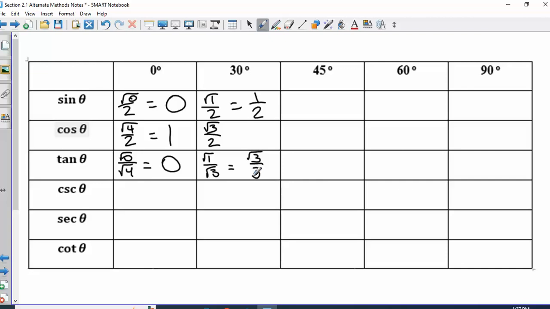45 degrees. Does everyone see how I'm getting these values? So the sine of 45 degrees, square root of 2 over 2. Cosine of 45 degrees, tangent of 45, which is 1.